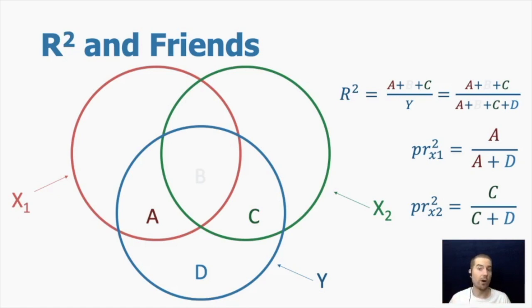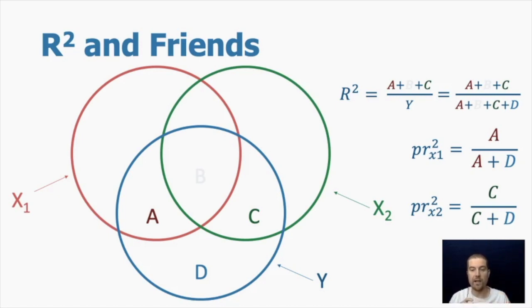We also can get the partial R squared, which we talked about a minute ago, by doing A divided by A plus D. So when we're looking at that, we're dropping both B and C because that was explained by the other variable. We're just taking that out and we're just looking at everything that is not explained by x2. Vice versa is also true.